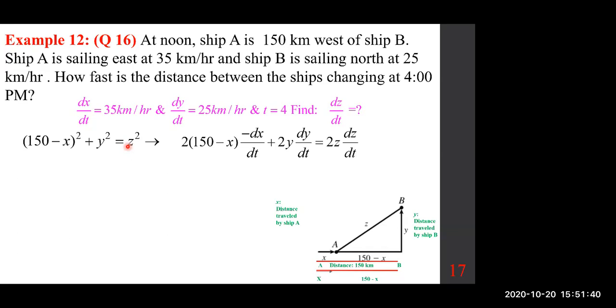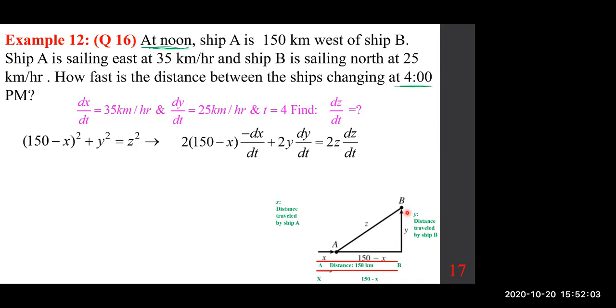Now, when did we say at 4 p.m.? At noon. At 4 p.m. that means 4 hours later. So class, 4 hours later we can calculate x and therefore 150 minus x, and we can calculate y.